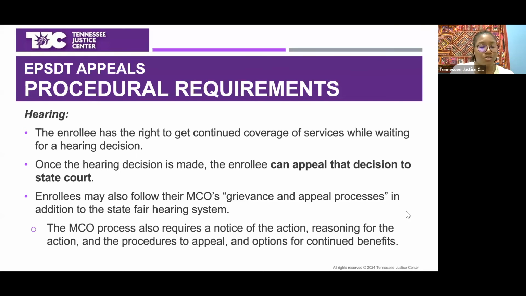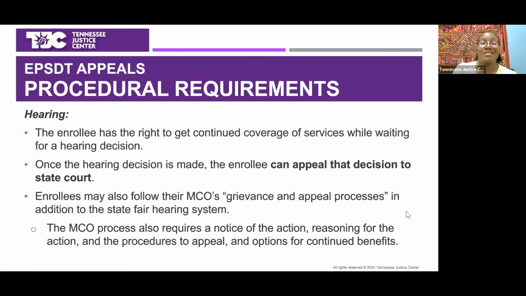It's an internal process. It's not technically an appeal. It's more just stating what dispute you have with a decision, and that you can work with the MCO on. I wouldn't say an informal basis, but it's just different from the official TennCare appeal that I was just discussing.